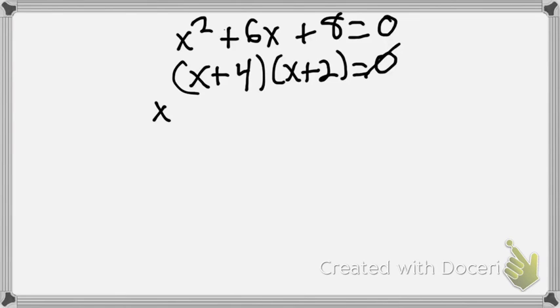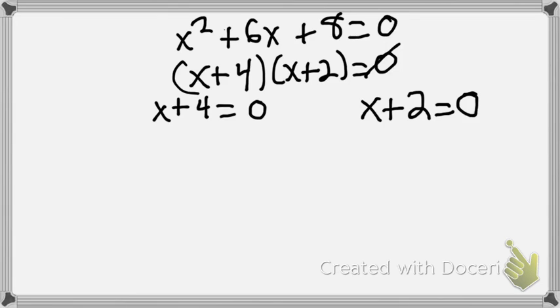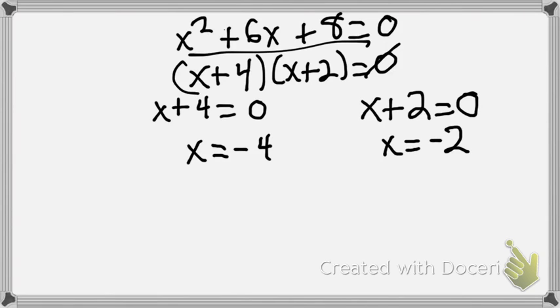So we can set this up as x plus 4 equals 0, or x plus 2 equals 0, and then solve each one of those equations. And by rewriting this trinomial as the factor of two binomials, we're able to separate that x squared. We're able to set up that x squared in a position where we can get it by itself.